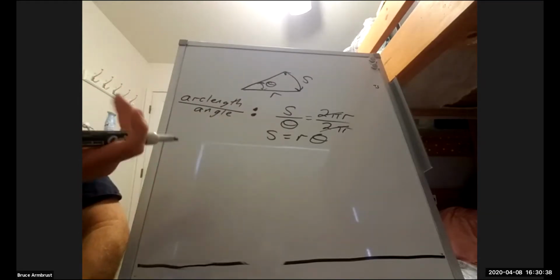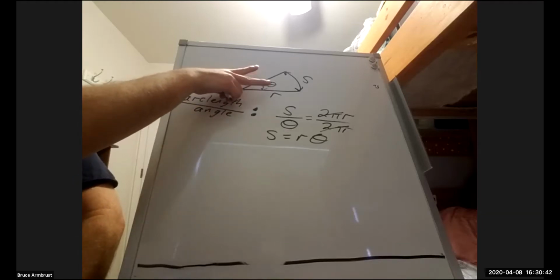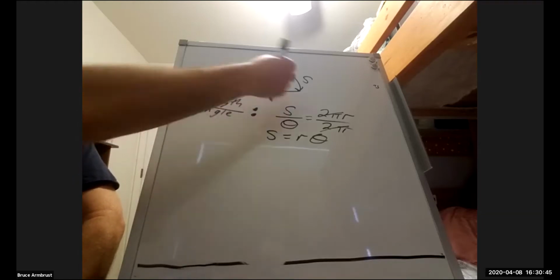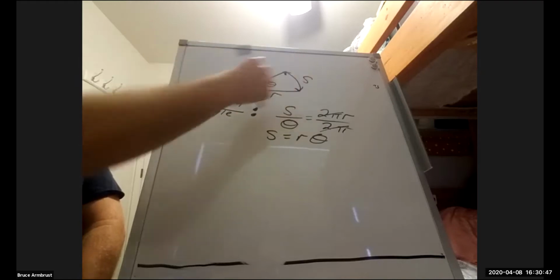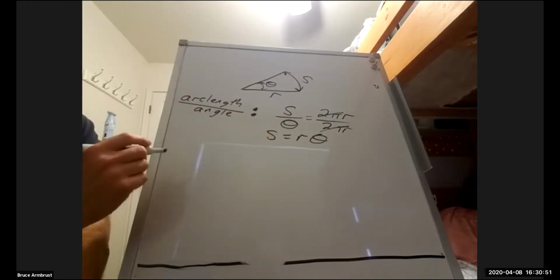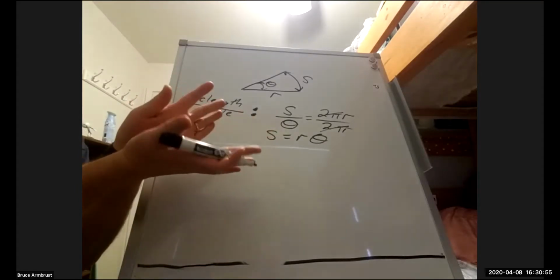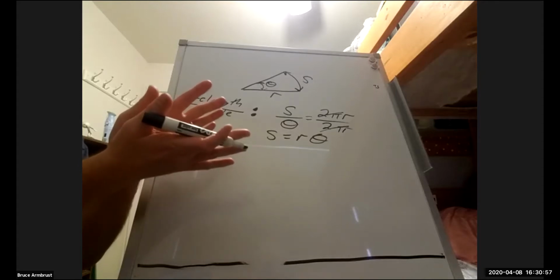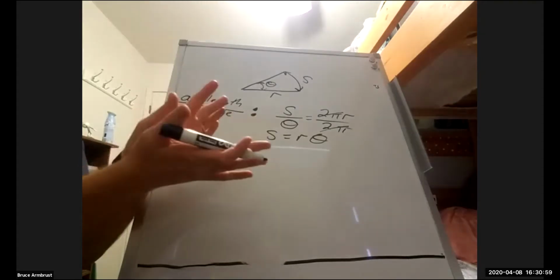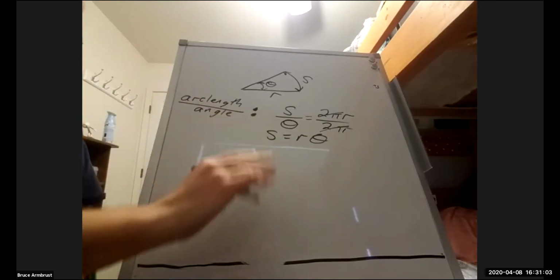Think about a piece of pizza. If that piece of pizza has a thicker wedge, the crust length is going to be more. So for those of you who like your pizza crust, you want the really wide slices of pizza. But those who like just the toppings also want the wide one because you get bigger area. All right, so there's our arc length.